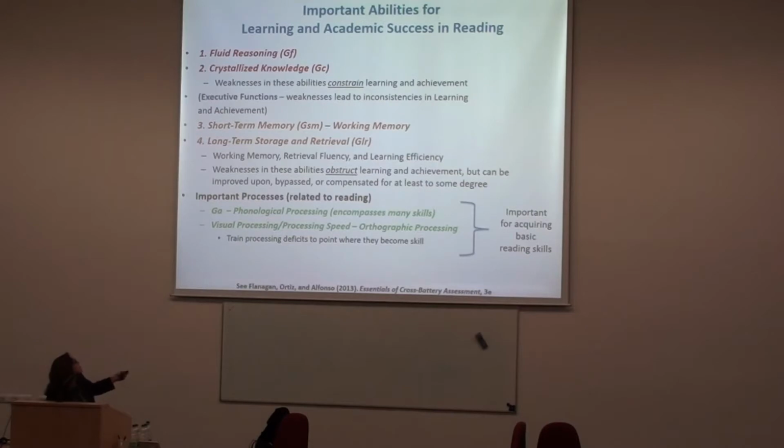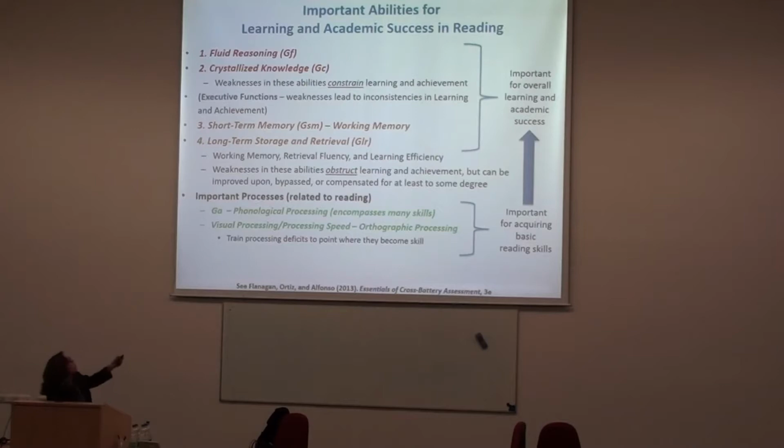If we start to uncover areas of weakness in memory abilities, working memory, long-term storage and retrieval, those kinds of deficits are going to obstruct learning. They get in the way, but there are things that we can do to minimize their effects.